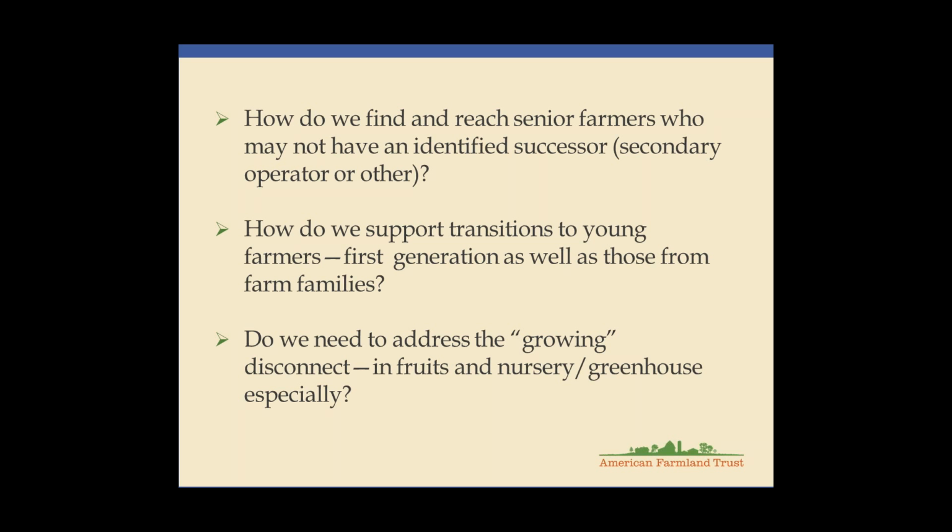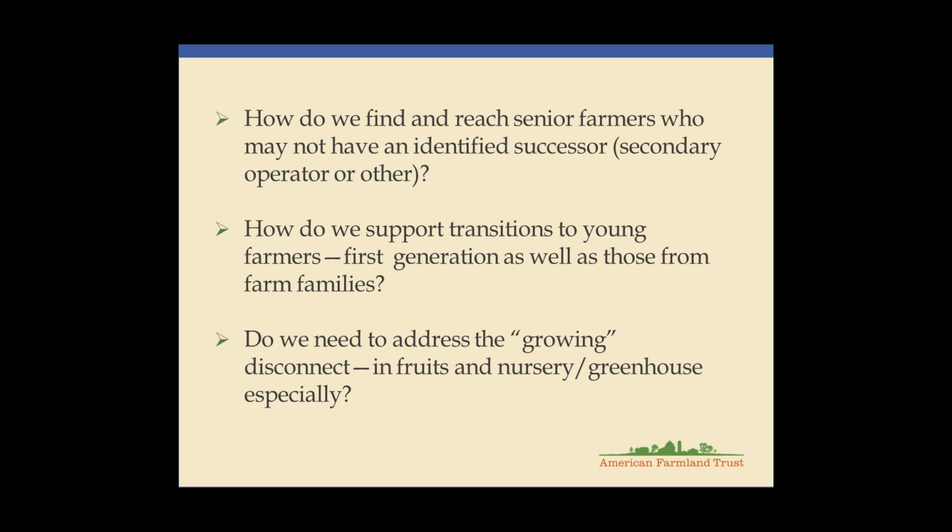As importantly, how do we support these transitions to young farmers? We know from any number of studies that young farmers have said that land access is a primary challenge for them. This is true for first-generation farmers as well as for young members of established farm families who still have to buy out the farm from their parents and grandparents.